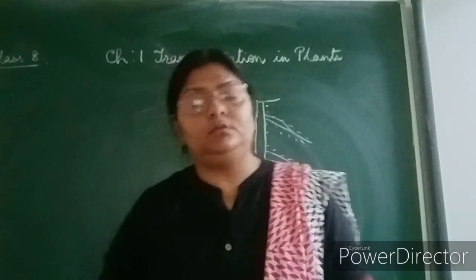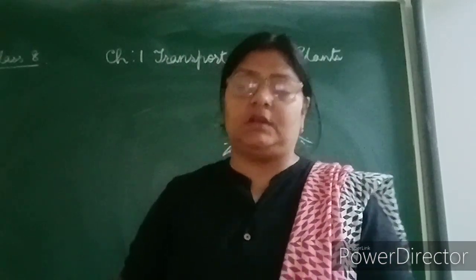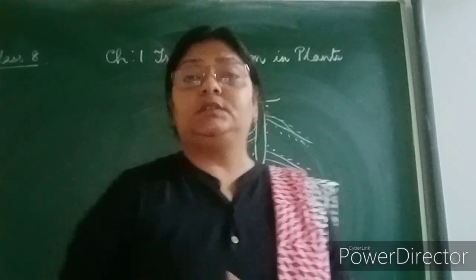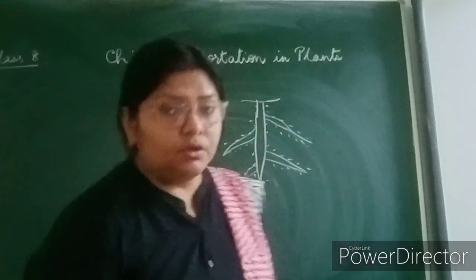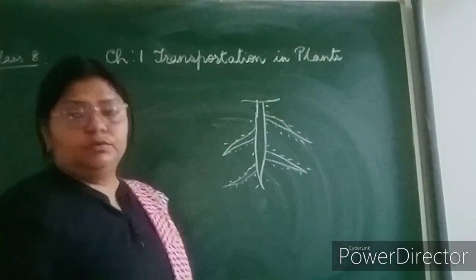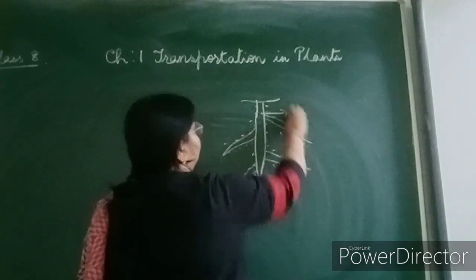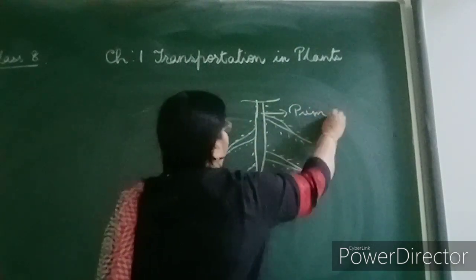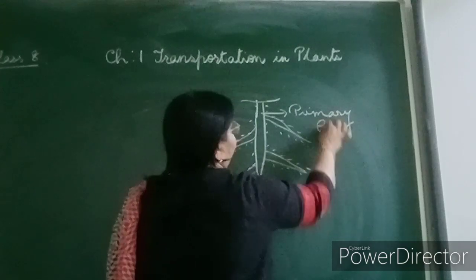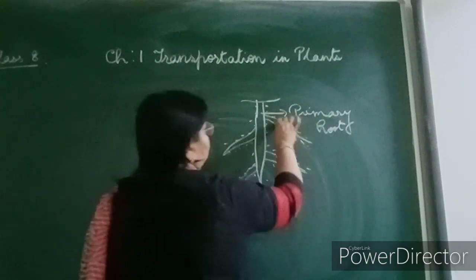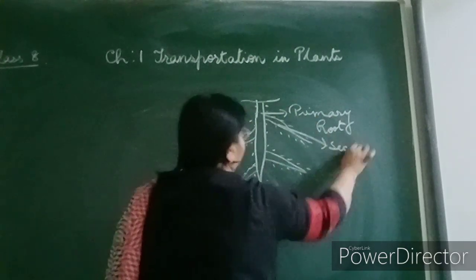Now that we know that roots absorb water, let's revise the structure of the root. So what do we see in a root system? We see the main root, a primary root, from which branches come out, which are called secondary roots.